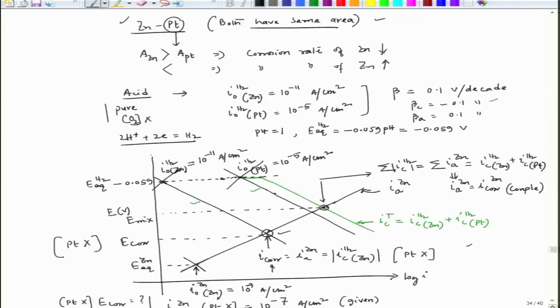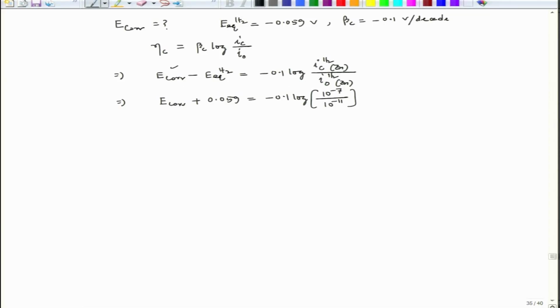So, if the overvoltage is this much, this overvoltage is calculated here. This becomes 0.4, so E corr equals minus 0.459 volt.